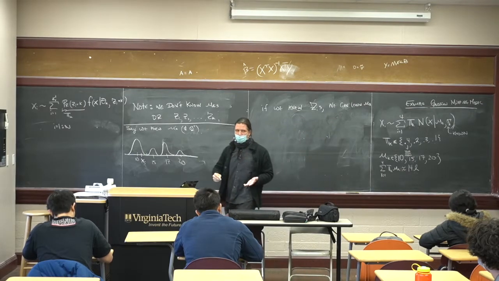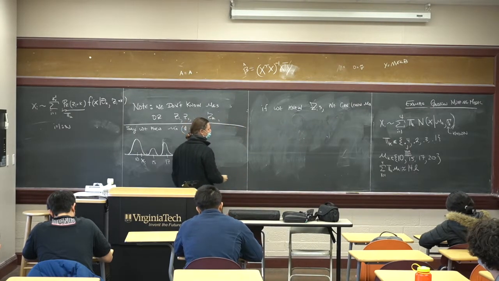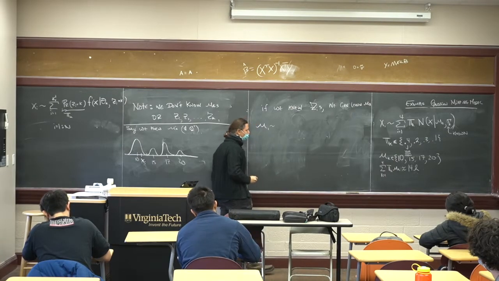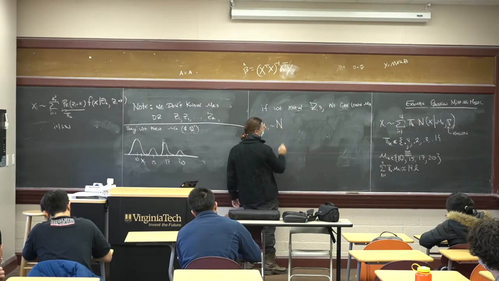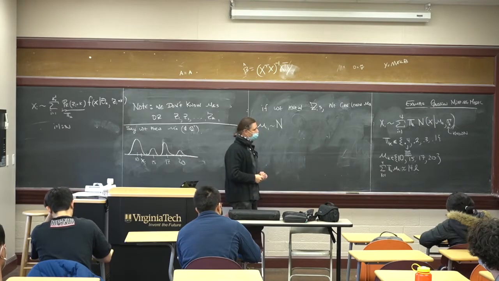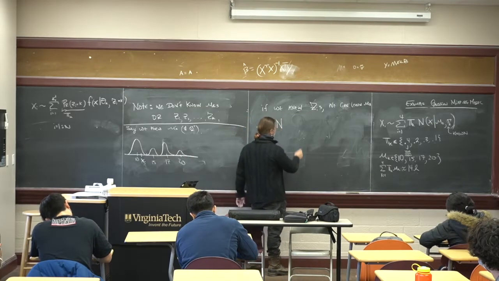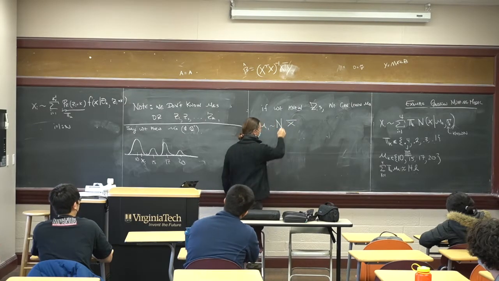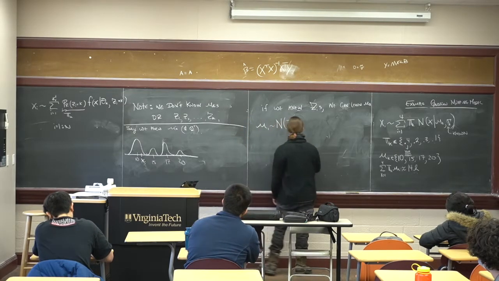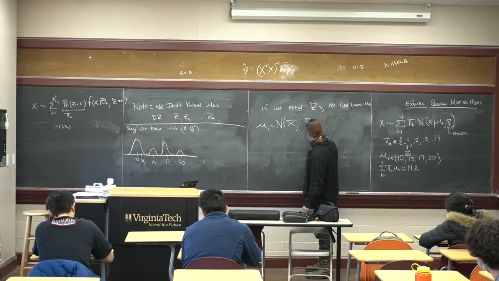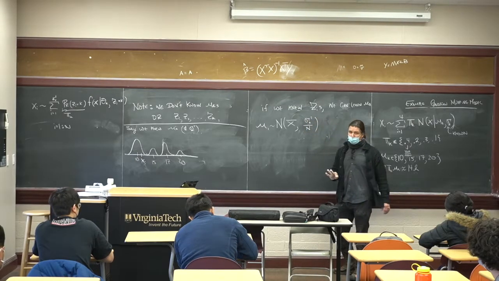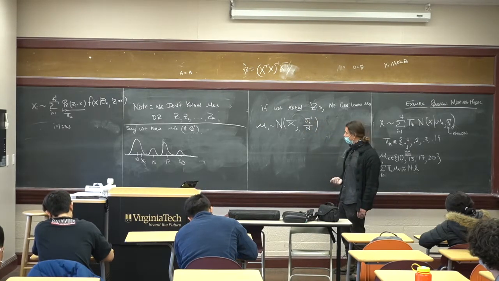So what I would do to learn maybe mu1, I would say is distributed according to some sort of a normal distribution. I'm going to use x bar right here. Normally we use x bar and then we'll use sigma squared and we'll divide it by n. This is typically what we do. So this was the Bayesian procedure.